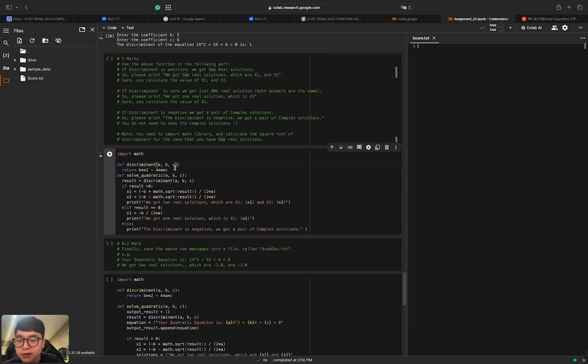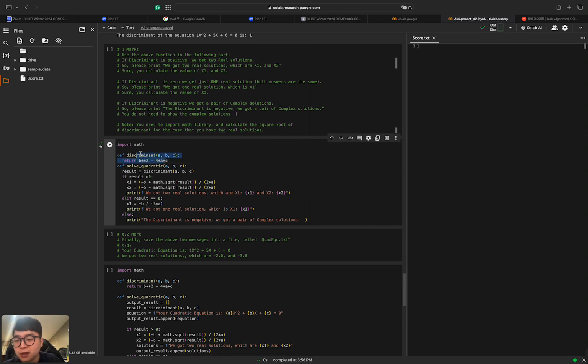It takes the A, B, C values used for the quadratic formula, and it returns, based on the formula, b squared minus 4 multiplied by A multiplied by C. This is the basic discriminant function, and the second one is the calculation part.